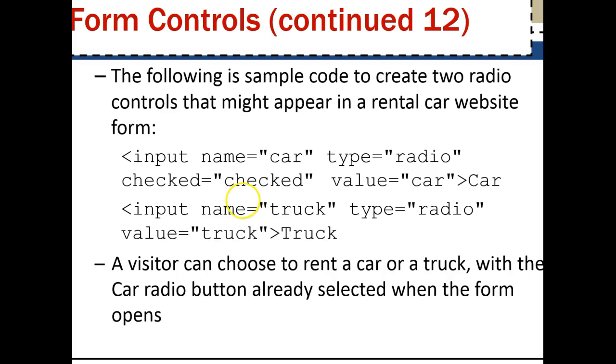The car button we already put as checked, so the car button is already selected when the form is opened. The user can change it, say, no, I want to select this, and then this one becomes unchecked. But as a default, because we put checked here, it is checked.